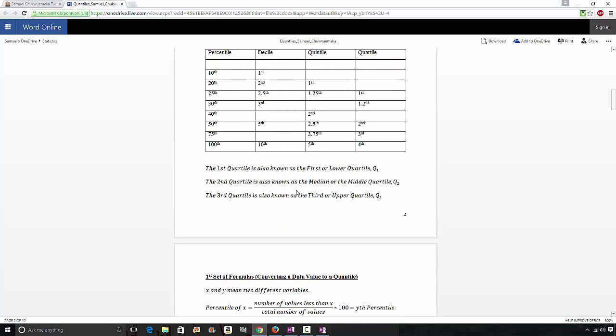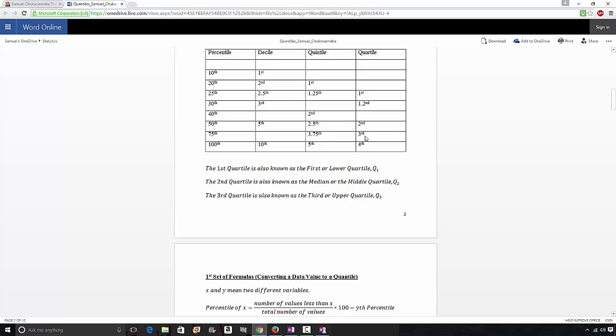Now of particular interest is our first quartile, Q1. Anytime you see uppercase Q with a subscript 1 in statistics, it means first quartile or lower quartile, and that is your 25th percentile. The second quartile, Q2, or the middle quartile, is your median, the 50th percentile.